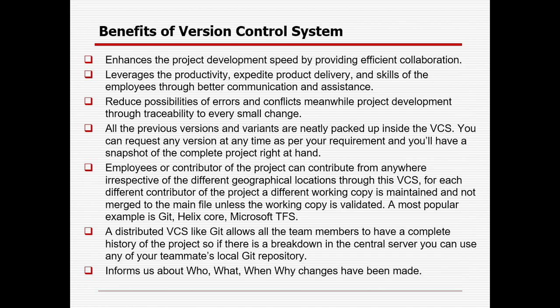Benefits of the version control system, right? It enhances project development speed by providing efficient collaboration, leverages productivity, expedites product delivery and improves the skills of employees through better communication assistance. So definitely employees also benefit, they are working and they will be enhancing and learning some skills, right? It reduces the possibility of error and conflict during project development through traceability of every small change.